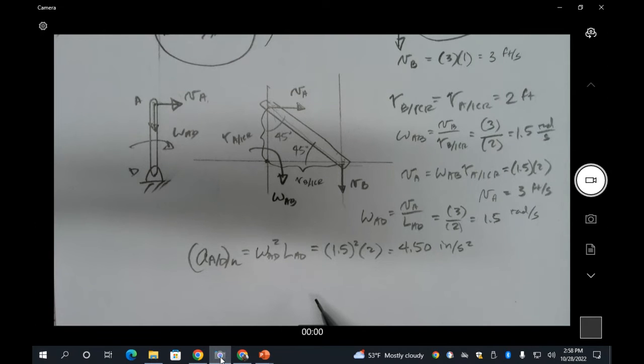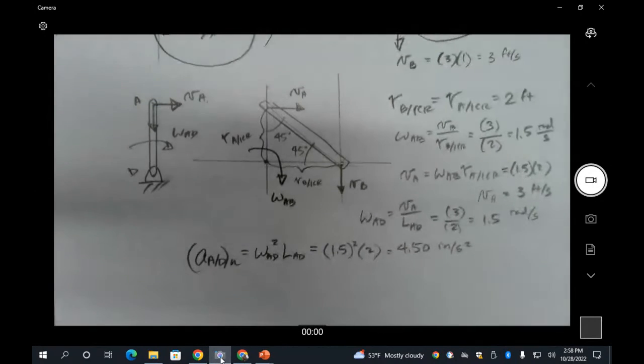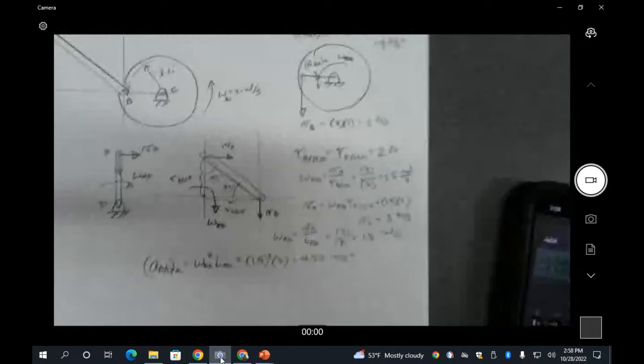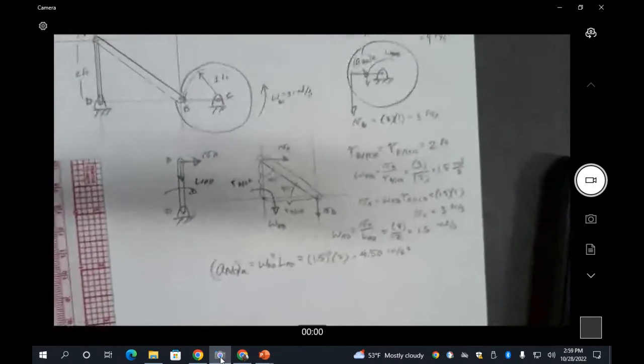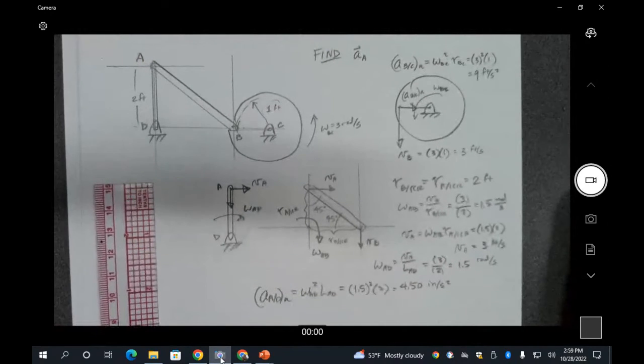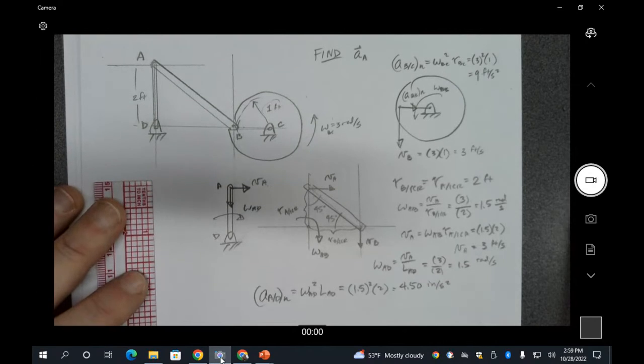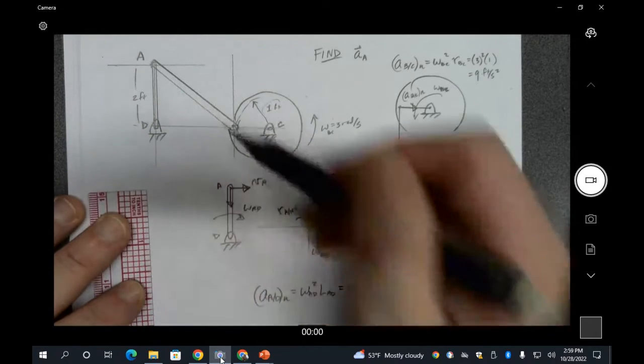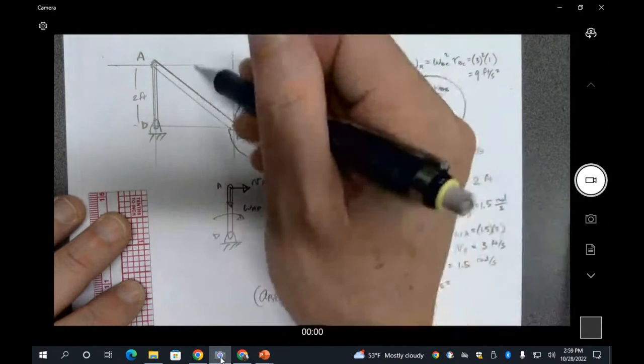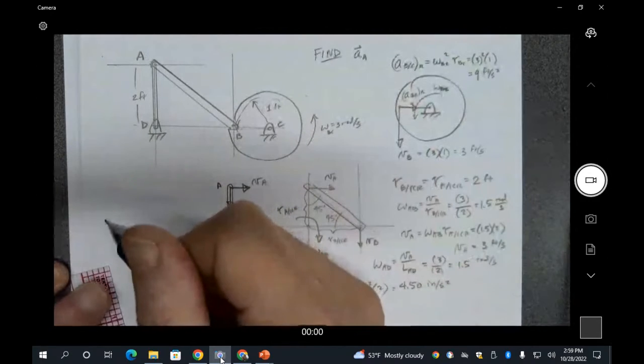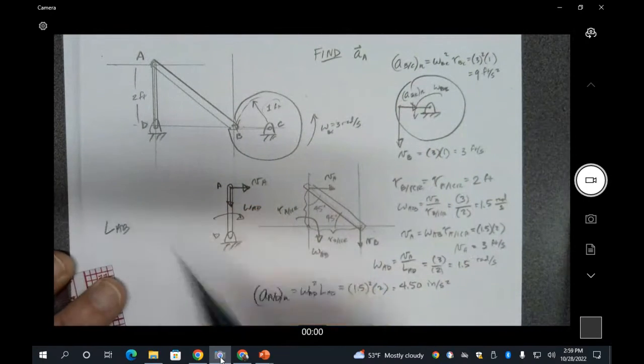So I think we got all the information we're going to need to move on to the three diagram method for acceleration. One thing I never got was the length of this bar. So let me get the length of AB.